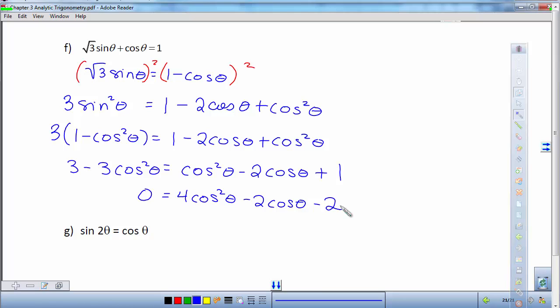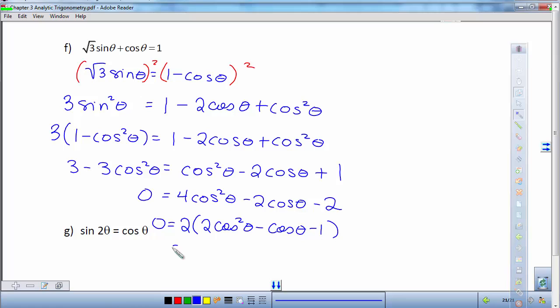Okay. Questions so far? Okay, so we got 0 equals, I'm going to factor off a 2. We get 2 cosine squared theta minus cosine theta minus 1.